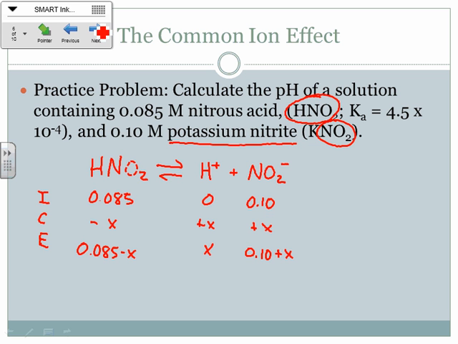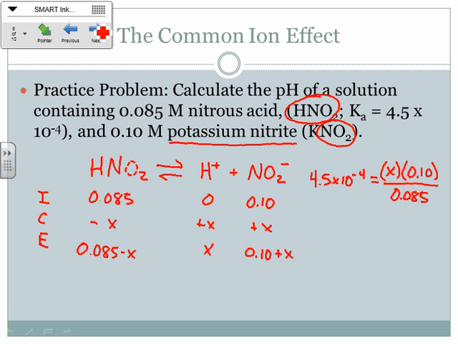All right. Now the Ka for this one is actually up here. It's 4.5 times 10 to the negative fourth. Okay. So all we do is plug this into our expression. 4.5 times 10 to the negative fourth is equal to x, and again, we'll make our assumption here, x times 0.10. Those are the two products, divided by 0.085.